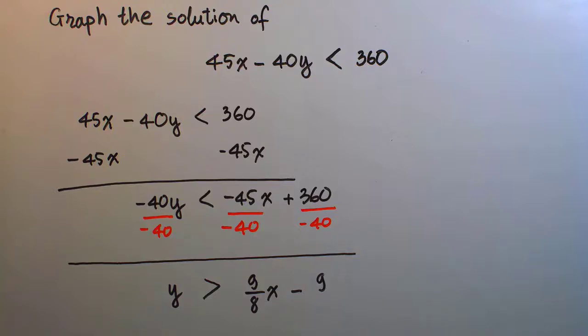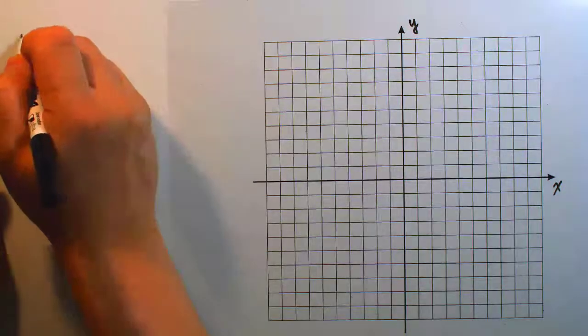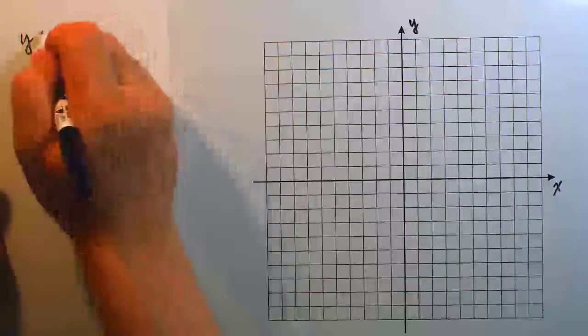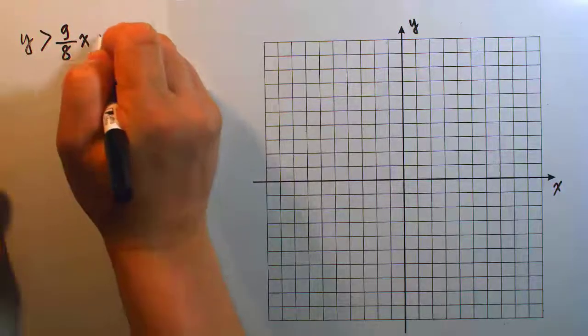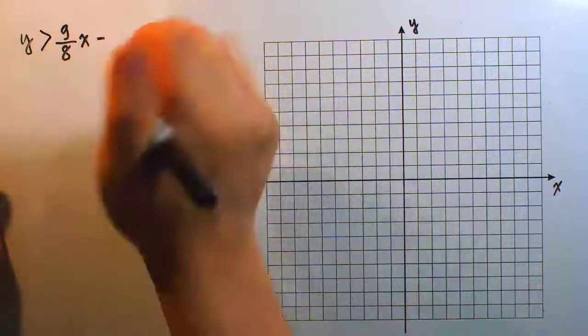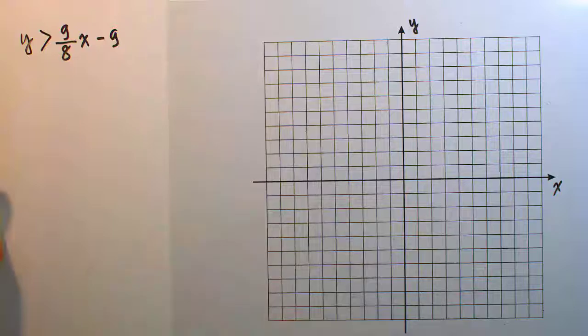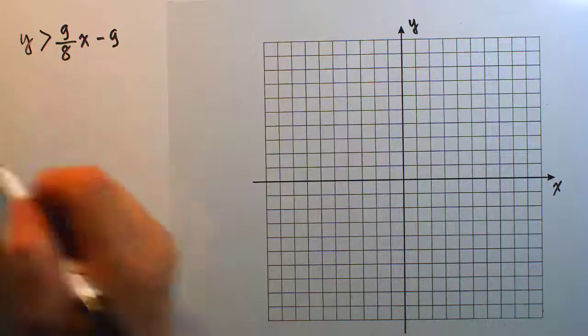And so now we will be graphing the solution of this rearranged inequality on the graphing space. Now with our inequality rearranged to be y is greater than 9 over 8 x minus 9, we are ready to graph the solution.